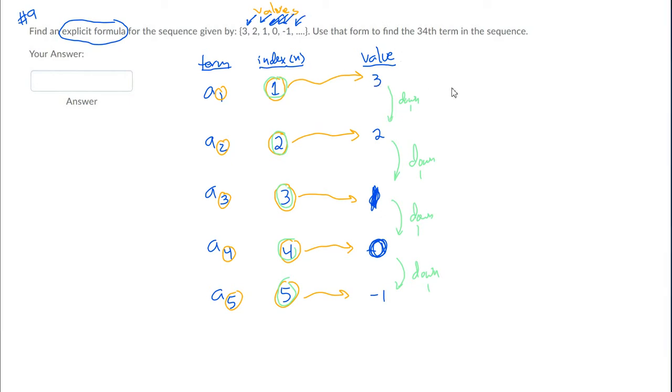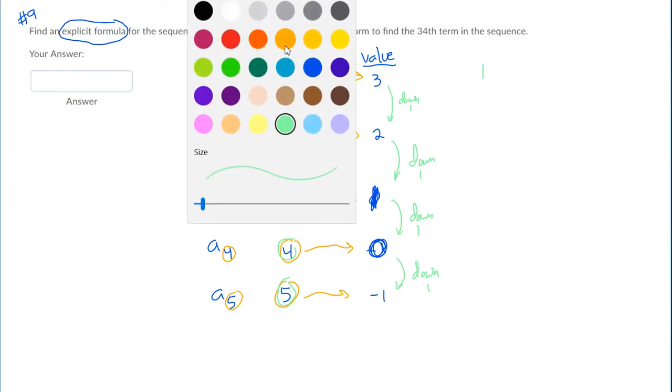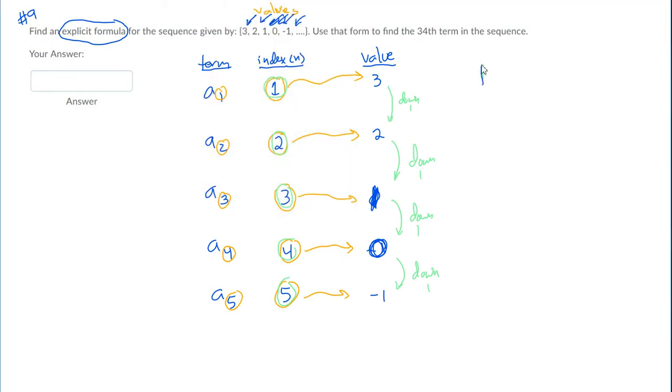So we're trying to think, what can I do? I need some number minus 1 should give me a 3. Some number minus a 2 should give me a 2. Some number minus a 3 should give me a 1.